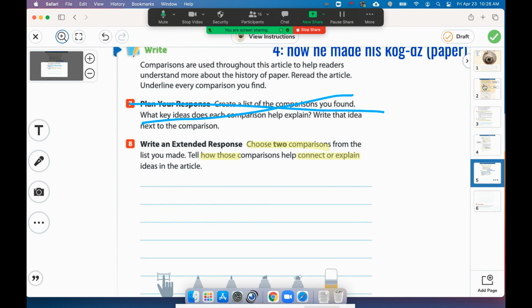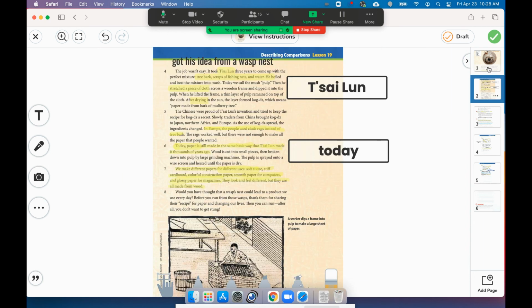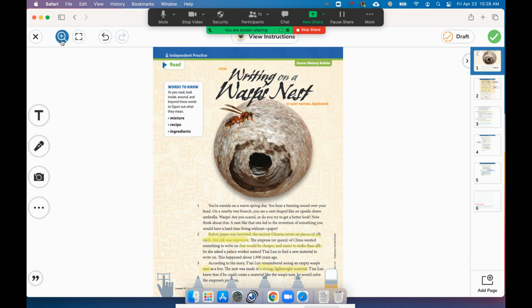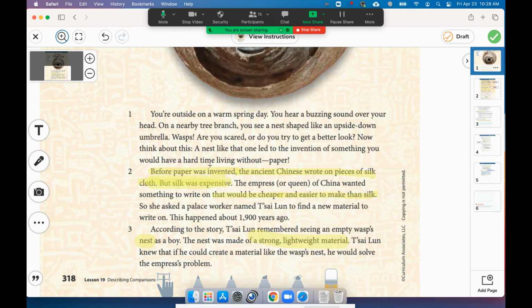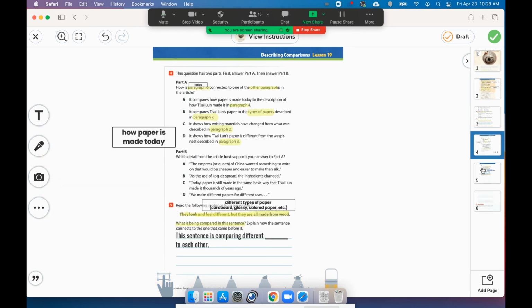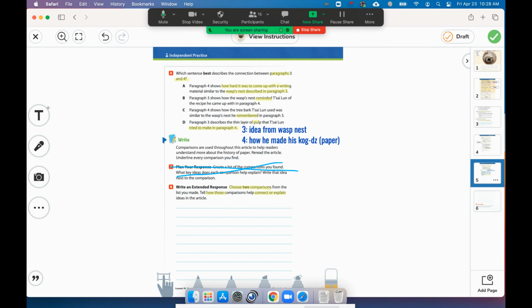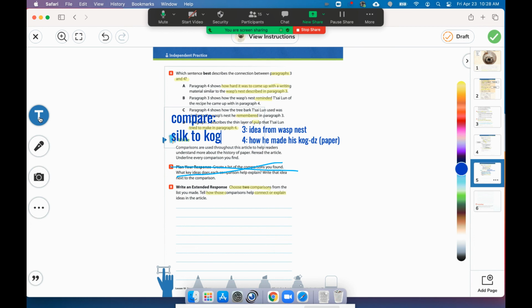So, when I go back in the article, I'm going to look for 2 of the things I highlighted. One comparison we're going to work on is silk and the kagdas that he made, the paper. So, you are going to compare silk to kagdas, which is paper.